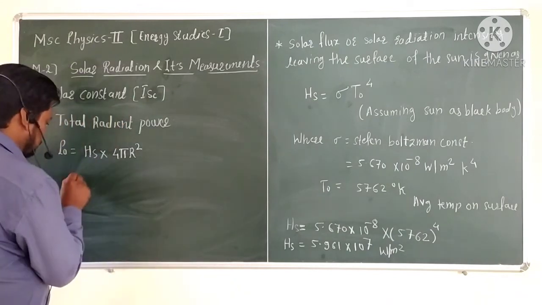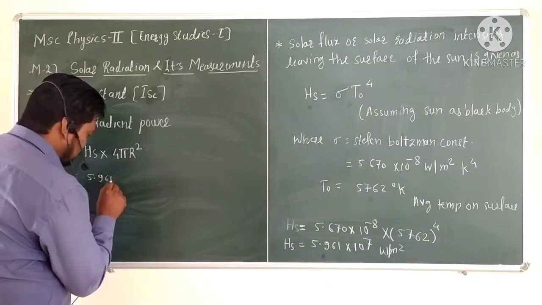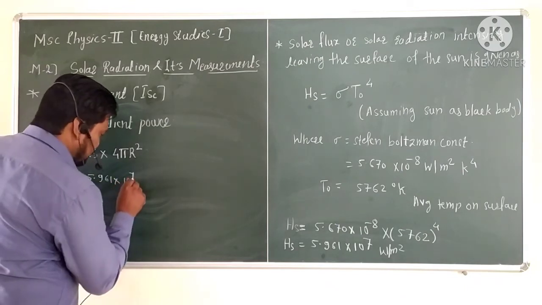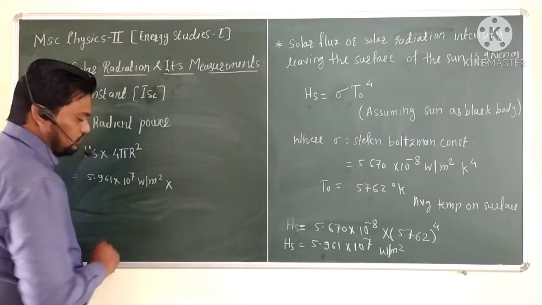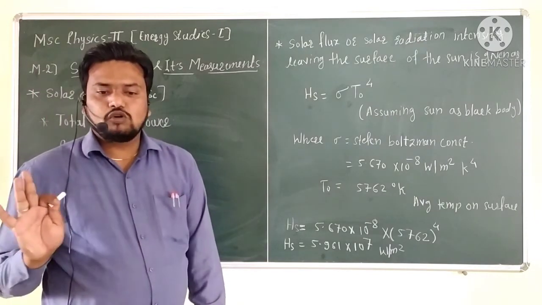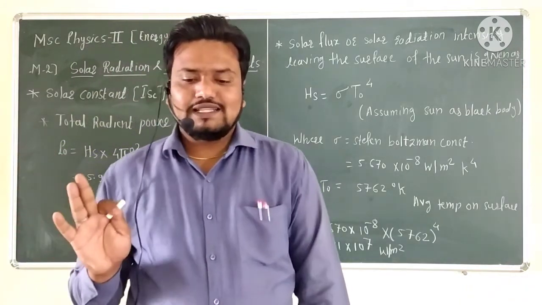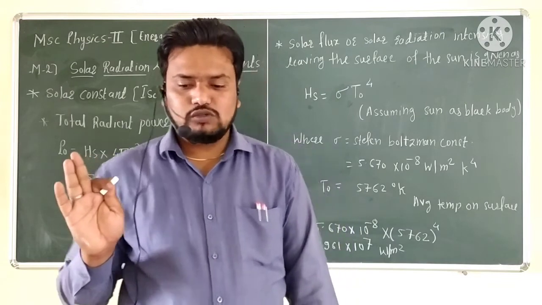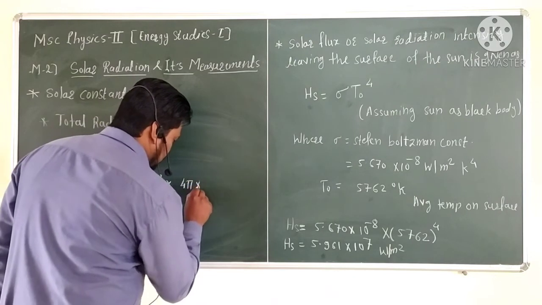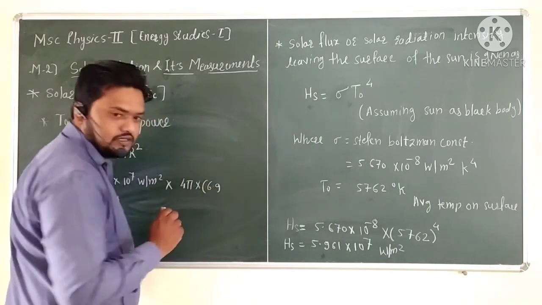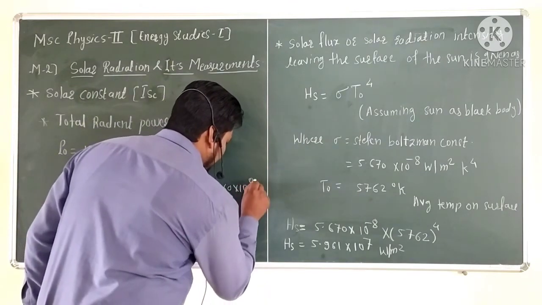So here the Hs value is 5.961 into 10 to the power 7 watt per meter square, into 4 pi r square, and the radius of the sun, that value we have to know, is 6.960 into 10 to the power 8 meter.